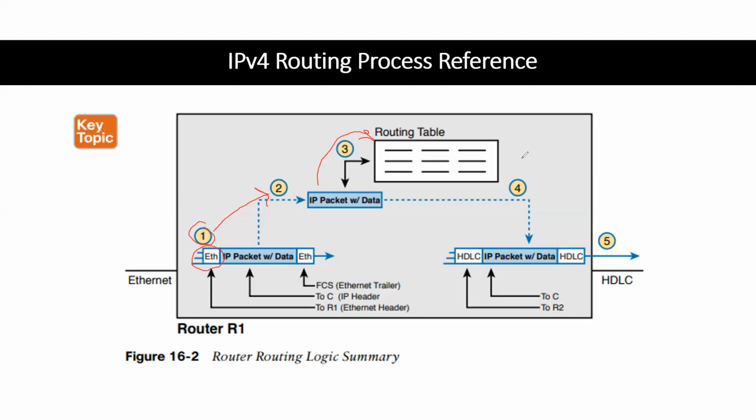So I need to go ahead and encapsulate it, right? So her router is going to encapsulate it using a layer 2 technology, whether that be one of those old routers that use HDLC or the new routers that have 802.3 on it, right?